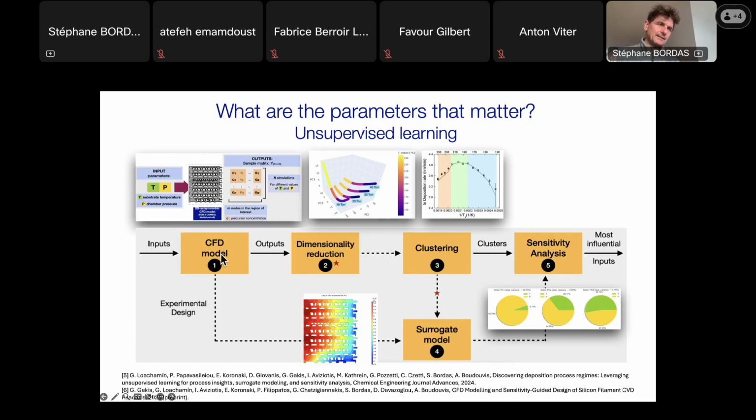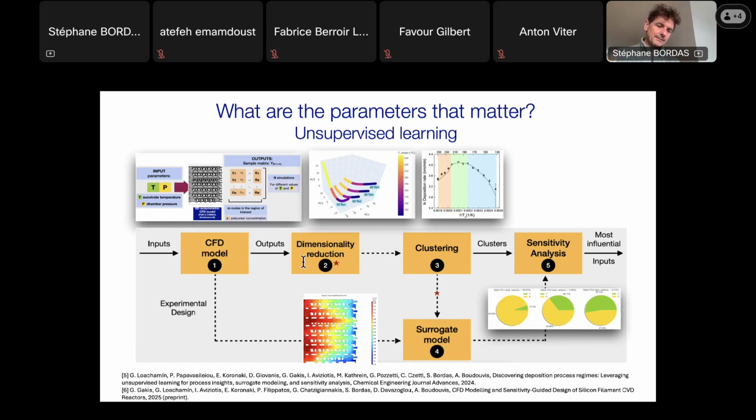Then you have this computational fluid dynamics model. This is what you use, Navier-Stokes, the equations I showed earlier, conservation equations, which we learned how to derive. Then from there, you have some outputs. And these outputs allow you to do dimensionality reduction. And this is what I will talk about in the next lectures, in particular, a bit later today.